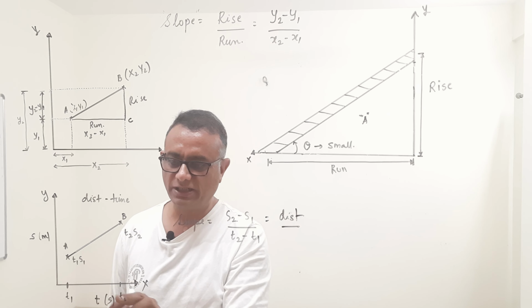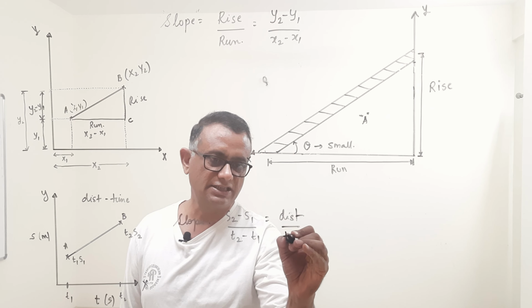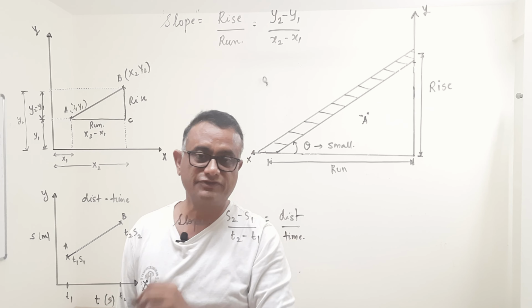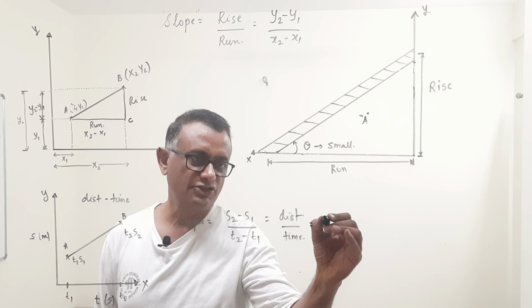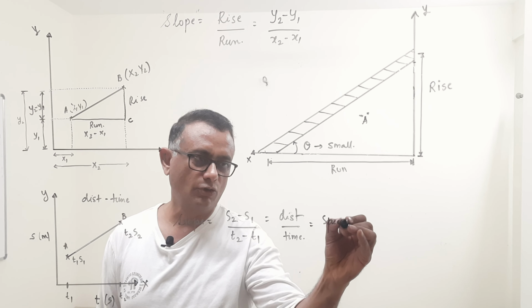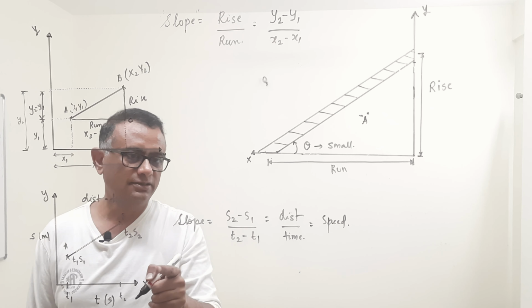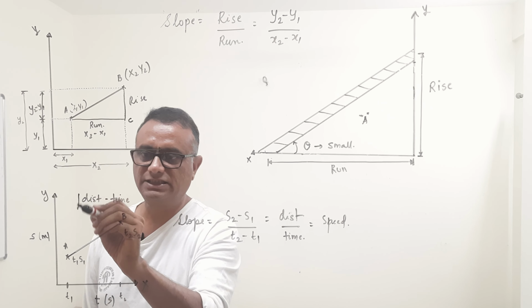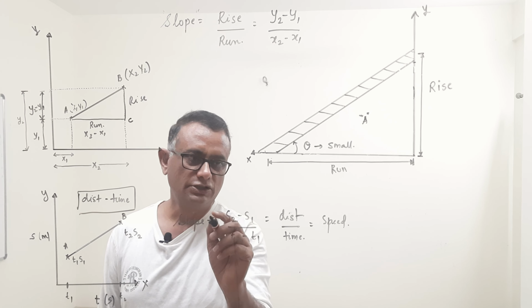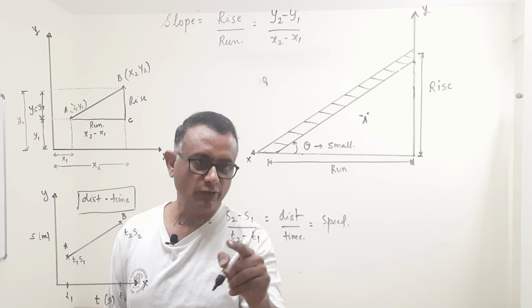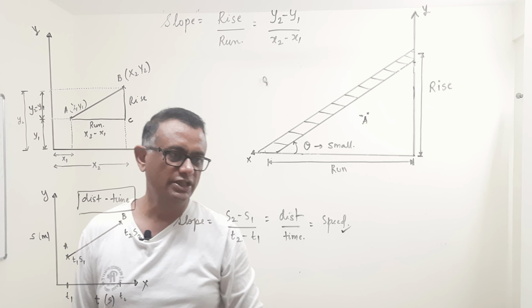And what is t2 minus t1? T2 minus t1 is the time interval. And what is the physical entity which is distance by time? Distance by time is nothing but speed, right? Therefore, slope has got a meaning in the context of a distance time graph. In the context of a distance time graph, if you calculate the slope, it is going to give you the speed.